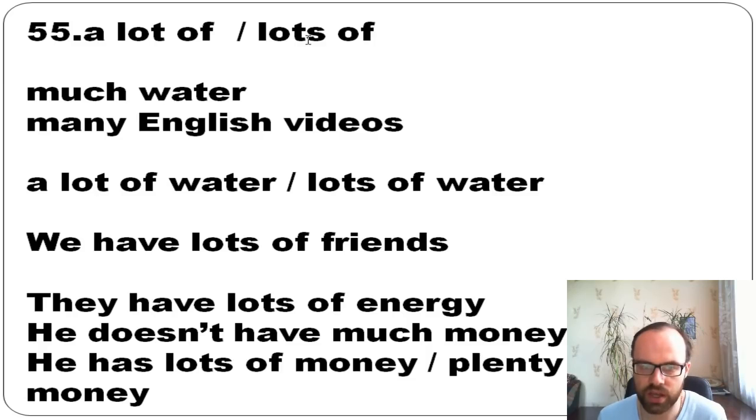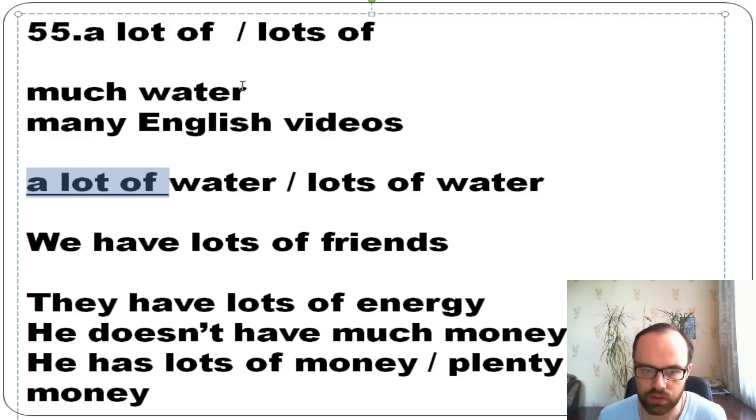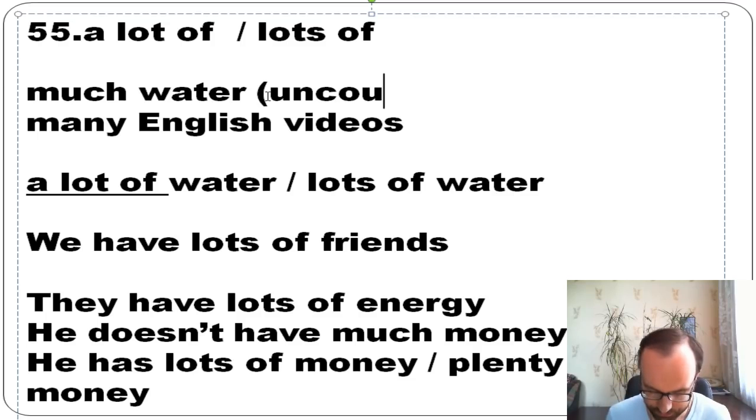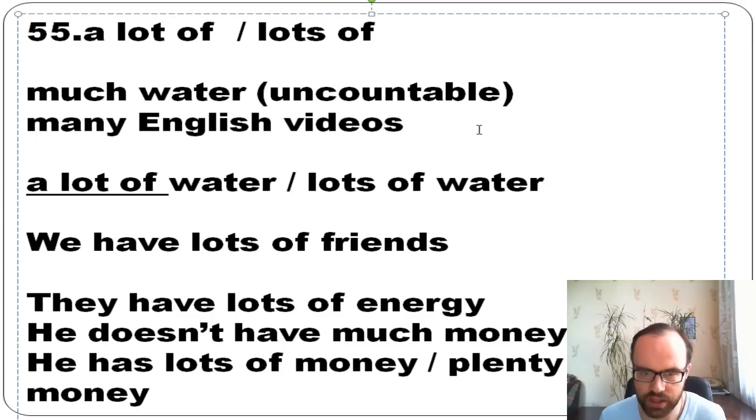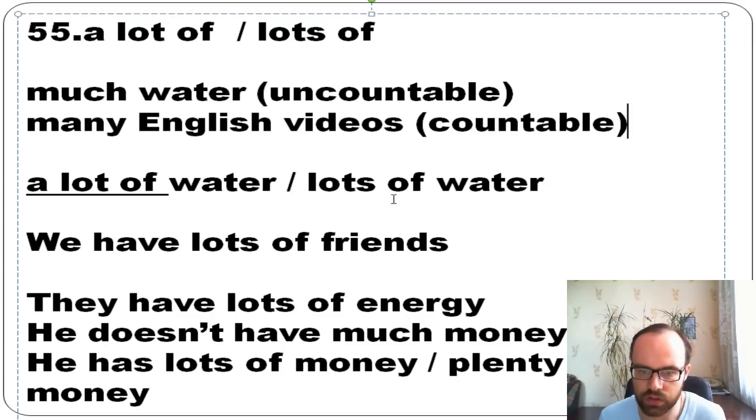A lot of and lots of. So you know that we have much and many. Much with uncountable, much water, and many with countable. Many English videos. And you can use a lot of or lots of.